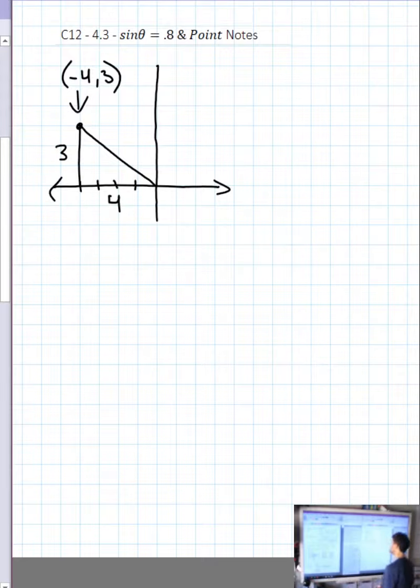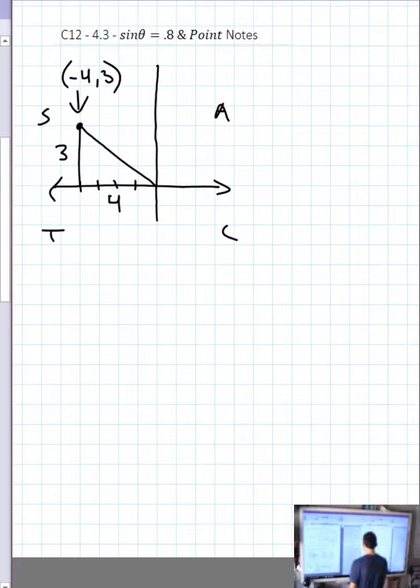Keep in mind, lots of teachers actually put negatives in those locations. I like to label diagrams according to positive amounts, and I like to let A, S, T, C determine the rest. So a little bit different page layout. I did some stuff off to the right. I'm just going to do it down below.